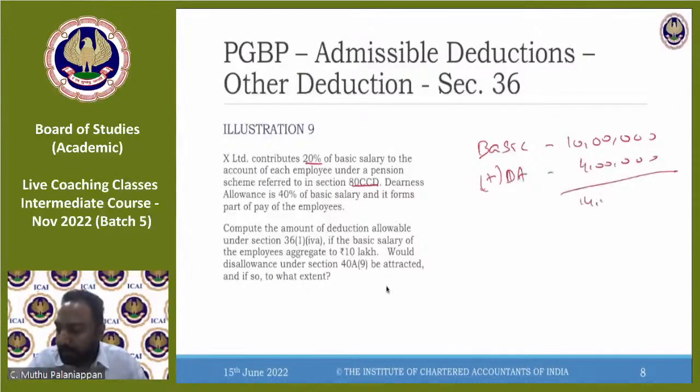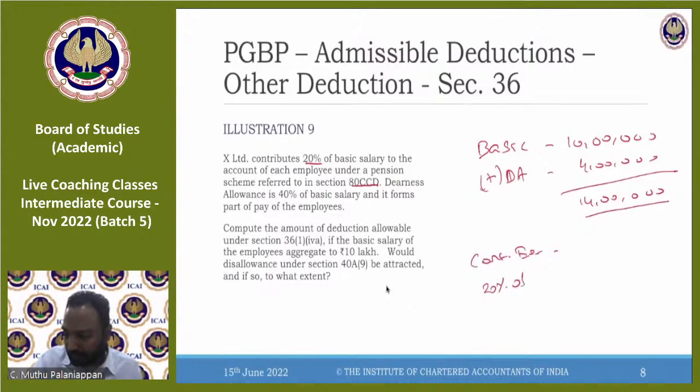So it is 14 lakhs. Correct? In this 14 lakhs, the contribution by the employer is how much? 20% of 10 lakhs. So it is 2 lakhs. It is 2 lakhs, correct?